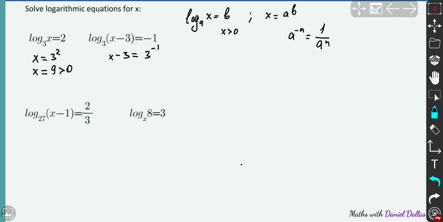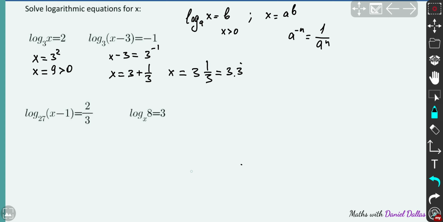So 3 to the power -1 is 1 over 3, so finally x is 3 plus 1 over 3. That means you have x as 3 and a third. Or if you want, you can convert to a decimal. That means it's going to be 3.3 recurring.